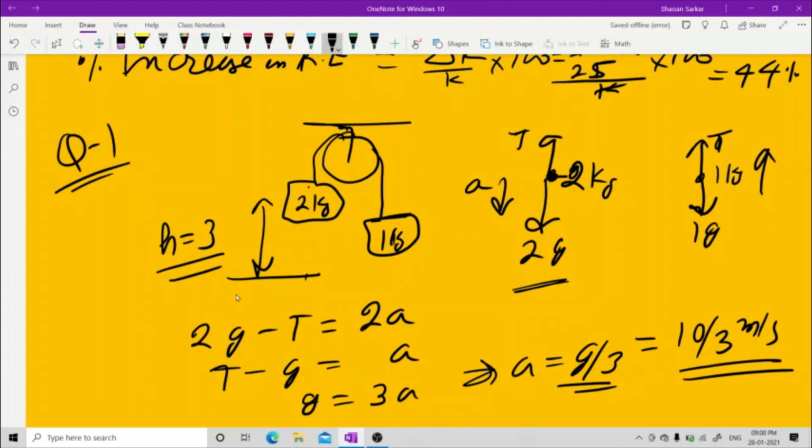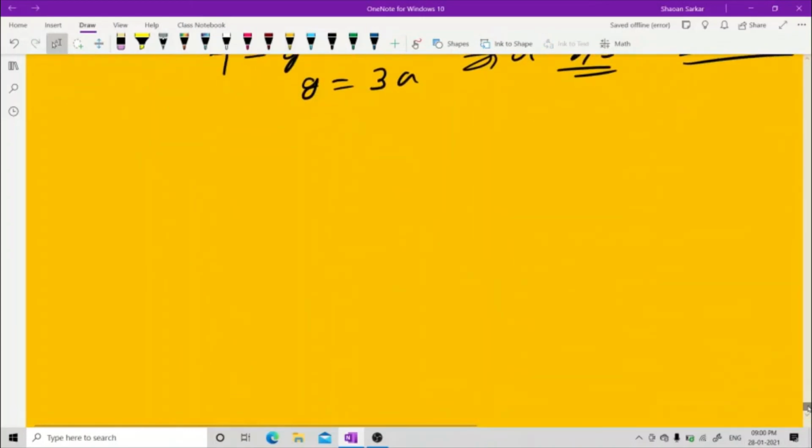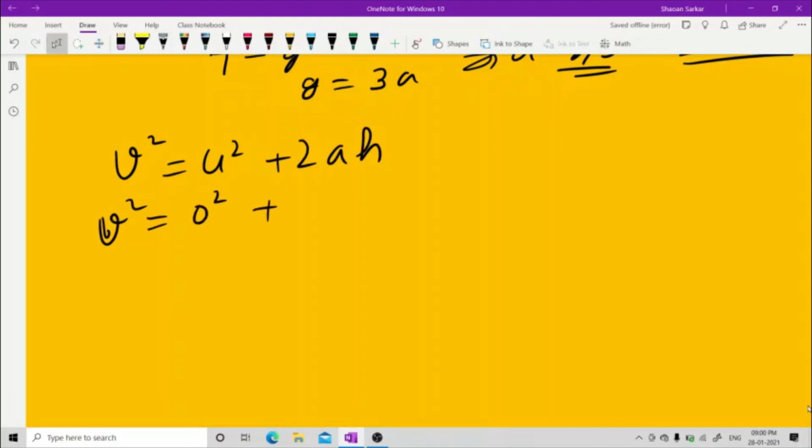Now speed: initially, at this height, it was 0. Now when it falls down to this height, it has a certain velocity. Let's see how much. Use equations of motion which I gave you. V square is equal to u square plus 2as, that is 2ah. U is 0. So 2a is 10 by 3 into the height, which is 3 meters.